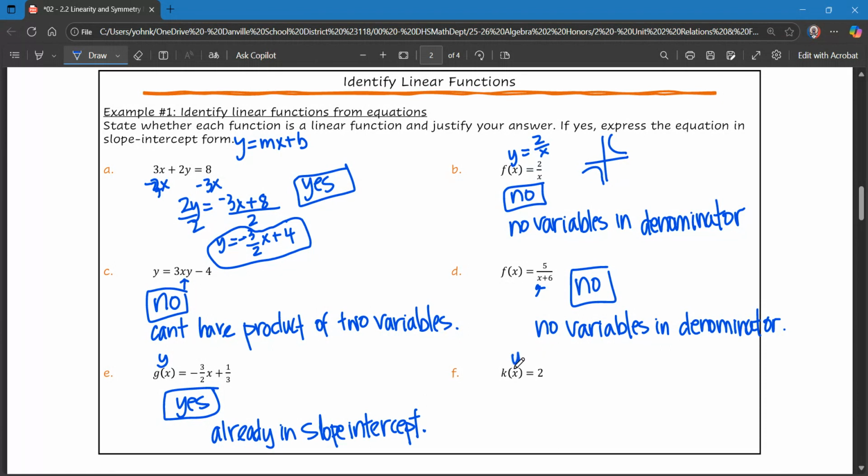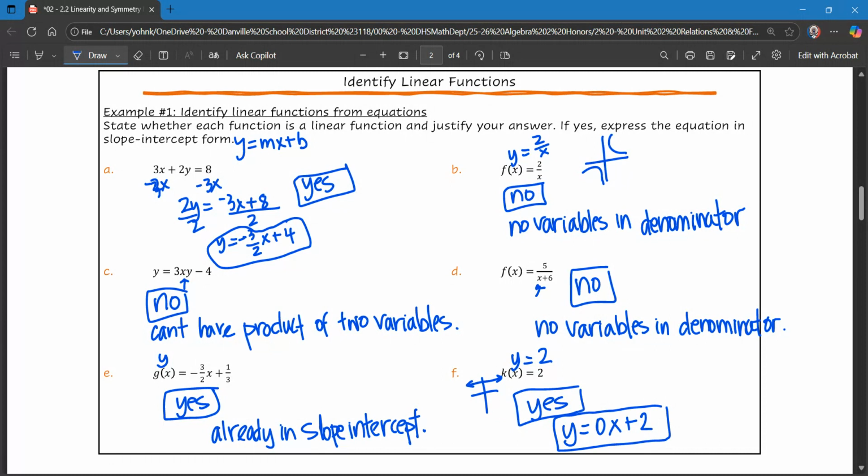Remember, this is y equals 2, and that already is in slope-intercept form. So this one is linear. If you just have a single letter equals a number, that single letter is the axis that it goes through. So this is going to be a horizontal line side to side through y at 2. And y equals 0x plus 2 is technically your slope-intercept equation.